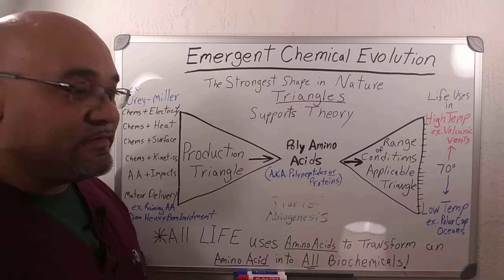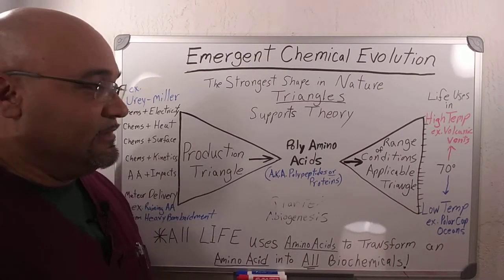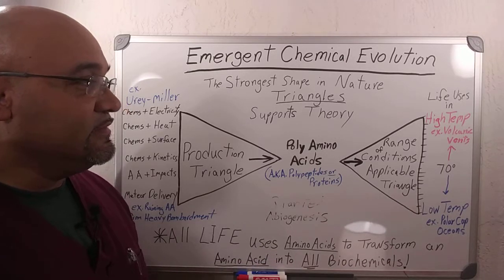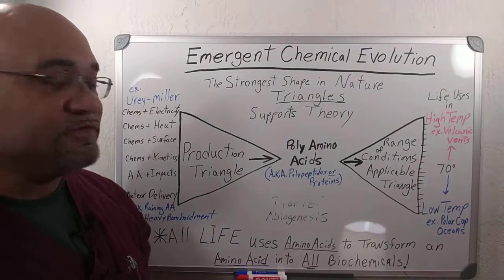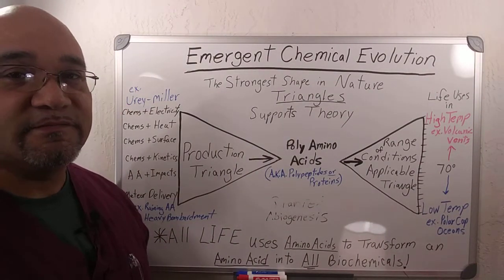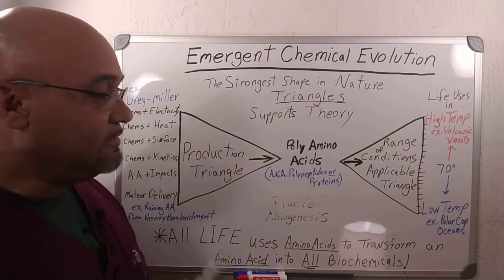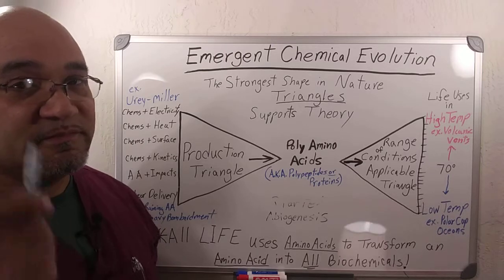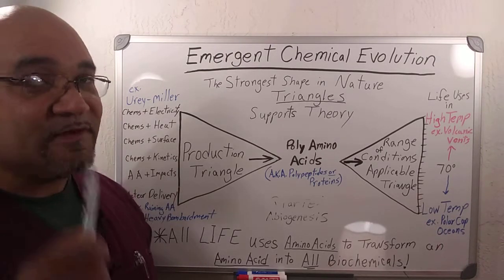And with all the evidence that I keep coming across day after day, it seems irrefutable, in my opinion, that emergent chemical evolution was the way that abiogenesis started, with amino acids producing RNA, and then RNA, a system of replication, did not take over.